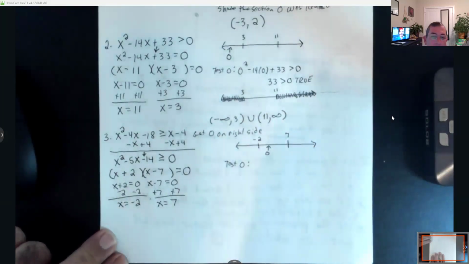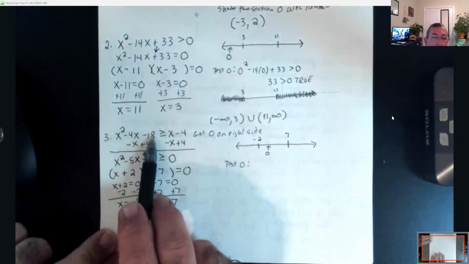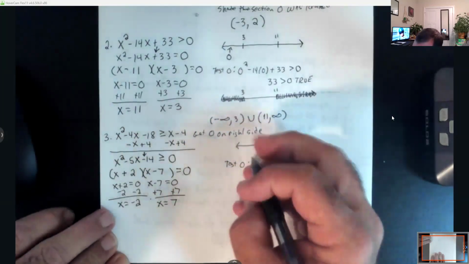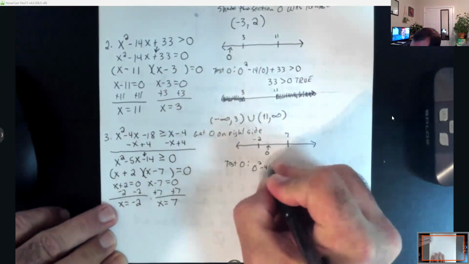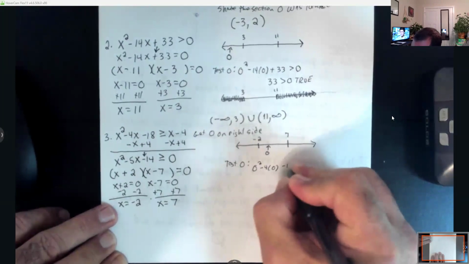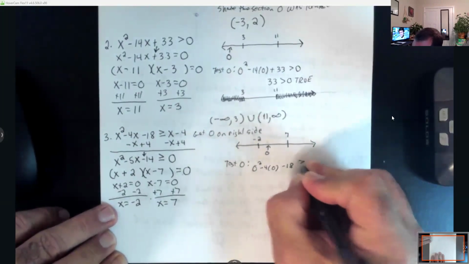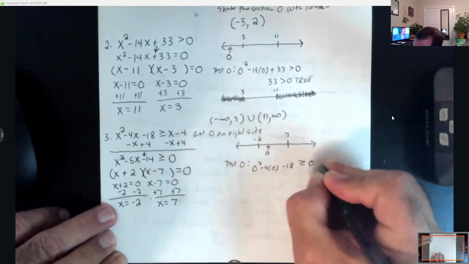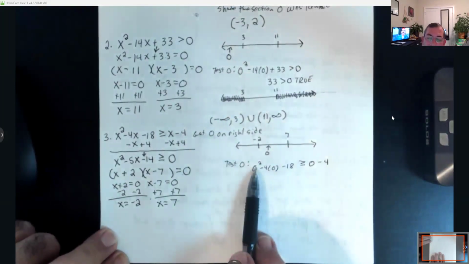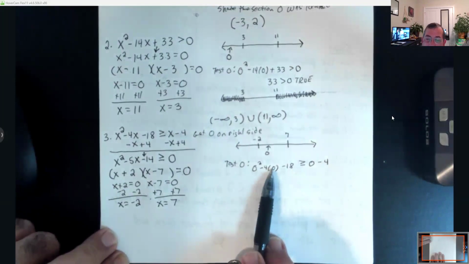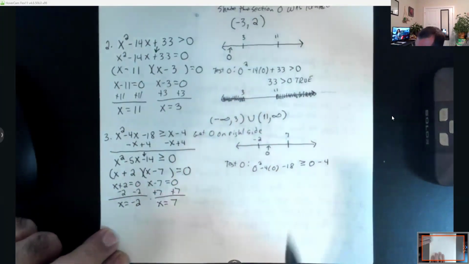So, well, I've been doing the easier ones, so let me do the top one. I'll actually do the top one. That'll give me 0 squared minus 4 times 0 minus 18 has to be greater than or equal to 0 minus 4. Well, y'all, this is 0. That's going to be 0. So all that's left on the left side is a negative 18.